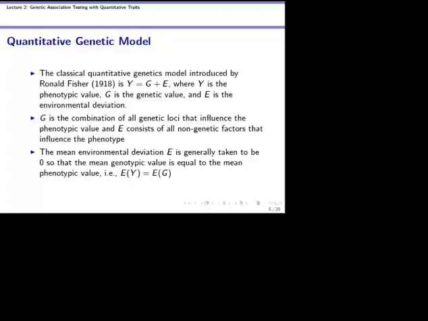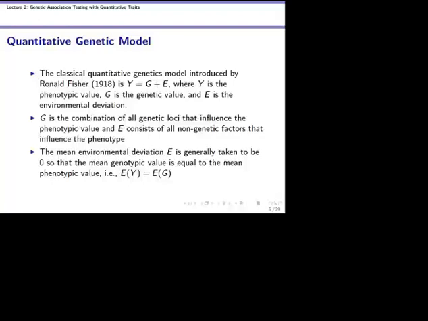Some environment is going to decrease their trait value. But the assumption often is that on average, the environment is going to be zero. If we look across our population, some people are going to have an environment that's going to increase it. Some people are going to have an environment that's going to decrease it. But on average, it's going to be zero. So that's one of the major assumptions.